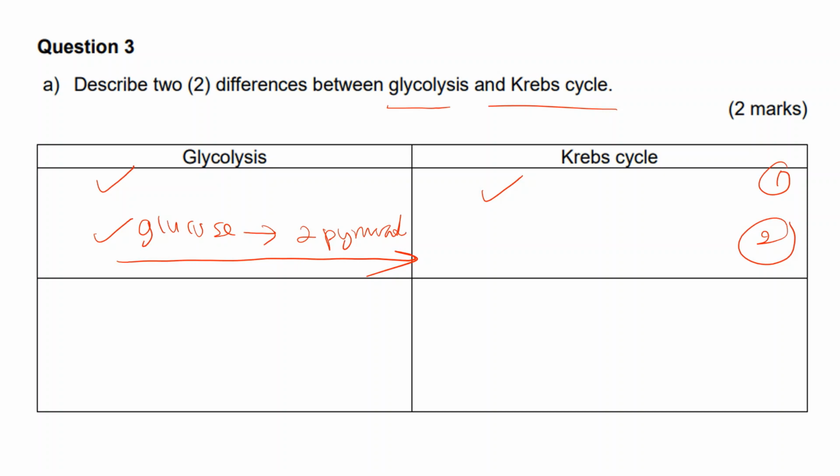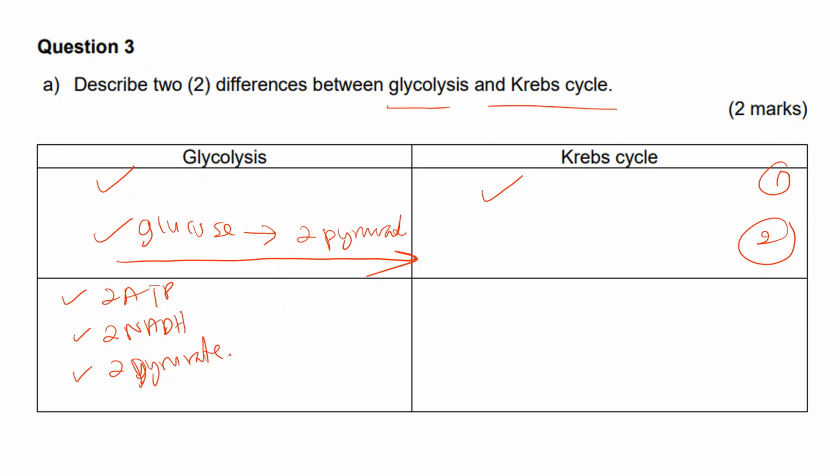Another difference that you can add into your answer is by giving the net product of glycolysis and also the product of Krebs cycle. So the product of glycolysis is a net of 2 ATP, and it also produces 2 NADH molecules and also 2 pyruvate molecules.